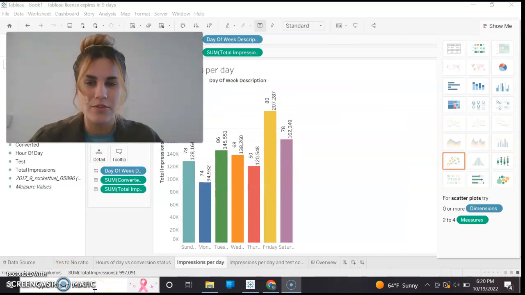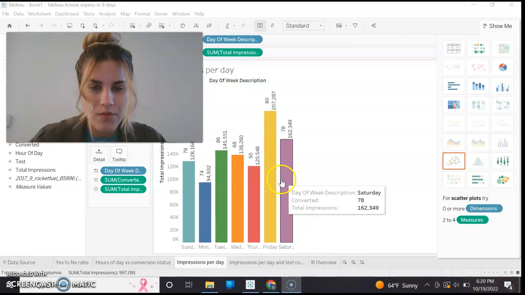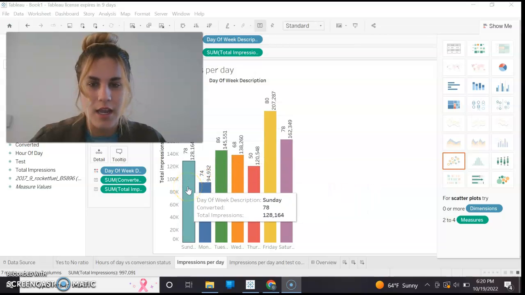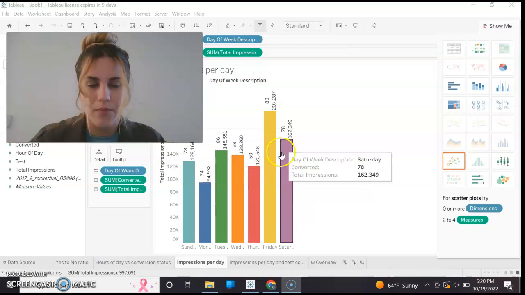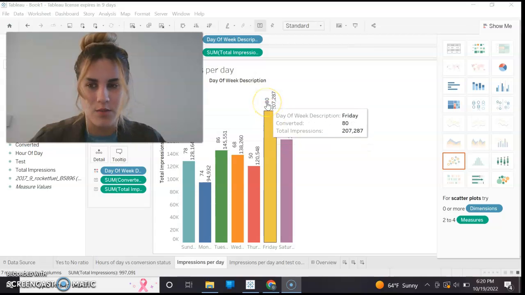Okay, so this is my third visual, and over here I am most interested in the impressions per day. So total impressions over here in the y-axis, and then the day of the week in the x-axis. So we can see the total impressions for each day, and I also included the total conversion for that day as well.